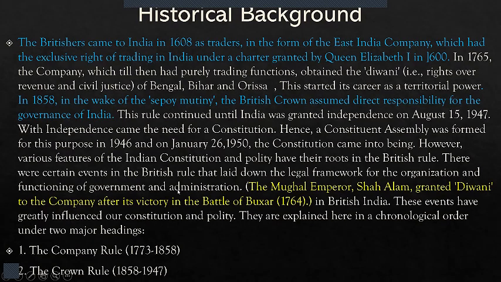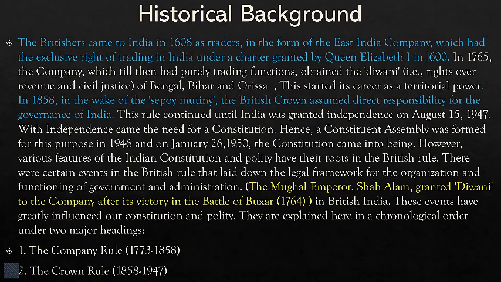After independence, we thought, yes, these are good posts and we can keep them. So we kept them so that the administration of India can be run in a peaceful and productive way.